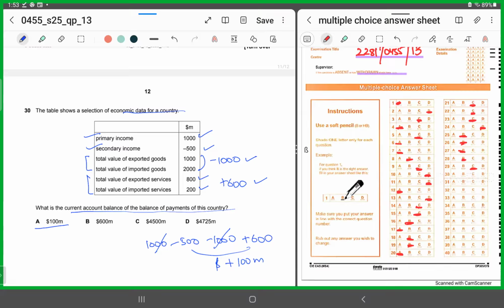And secondary income was what? The transfers between residents and the non-residents of money or goods or services, not in return for anything else. And when you add in all these four components, it will yield you the balance in the BOP current account of your country.